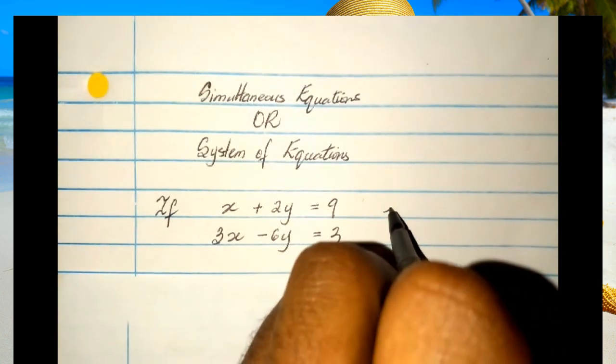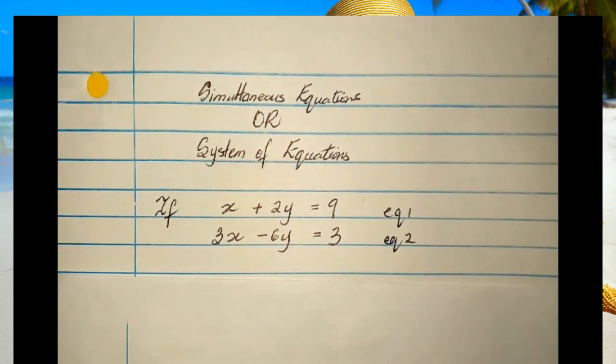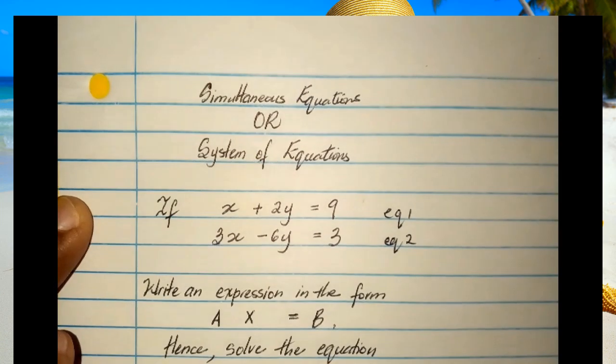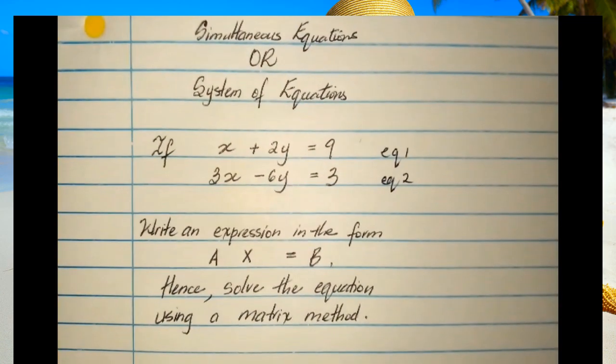We could label this one as equation 1 and equation 2. The question could ask us to write an expression in the form AX equals B. Hence, we're supposed to solve the equation using a matrix method.